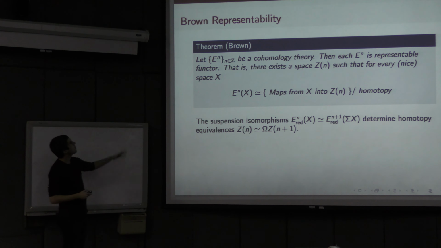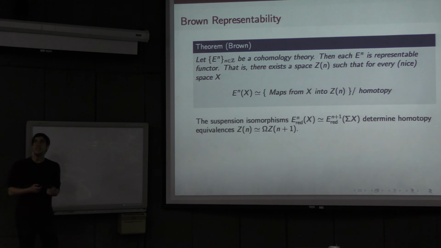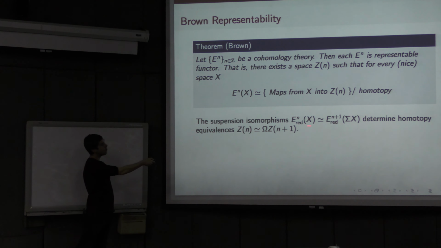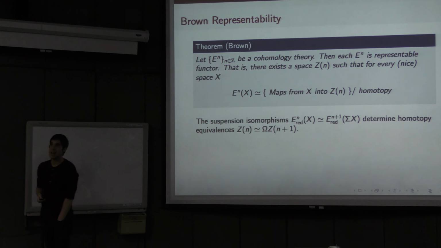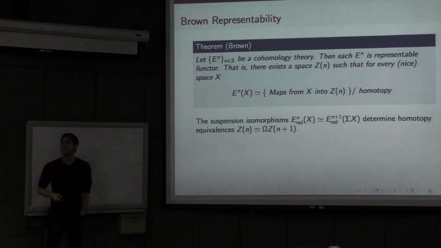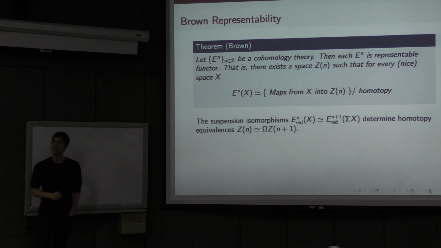But now remember that a cohomology theory is not just these individual invariants En. There's also a relationship between these En. There are these suspension isomorphisms that tell you how En is related to En+1. And this gives you a relationship between these spaces Zn and Zn+1. Specifically, it tells you that each Zn is homotopy equivalent to the loop space on Zn+1.